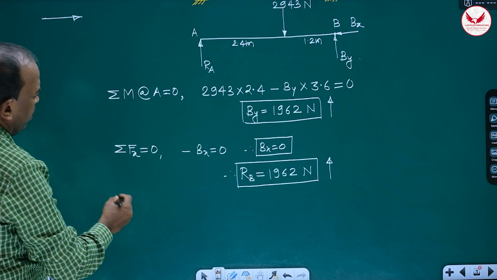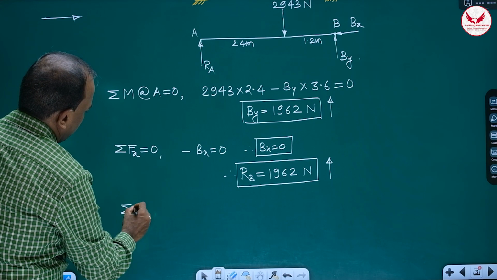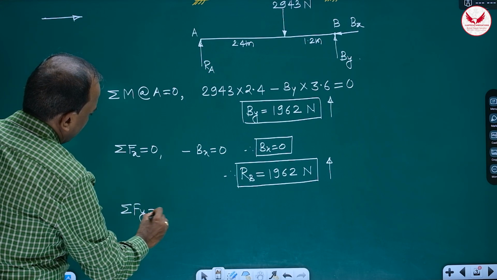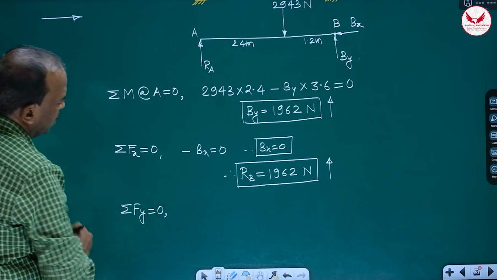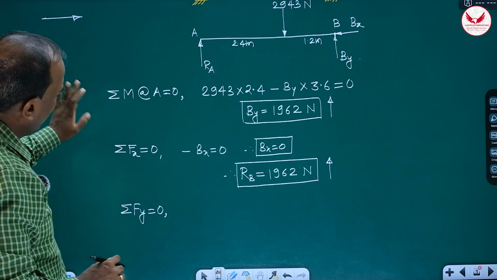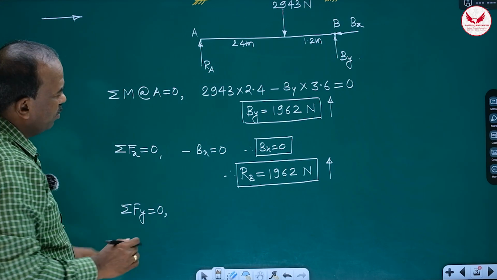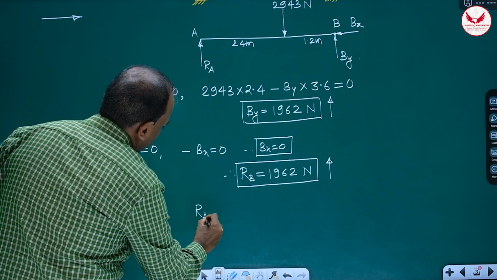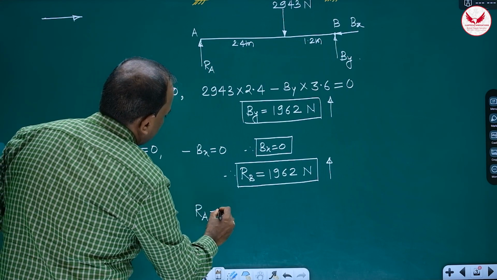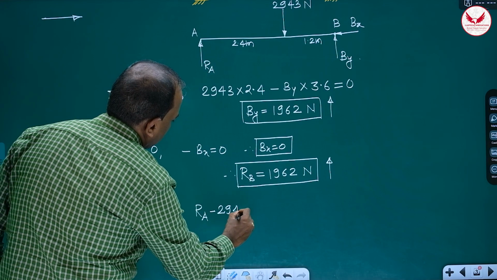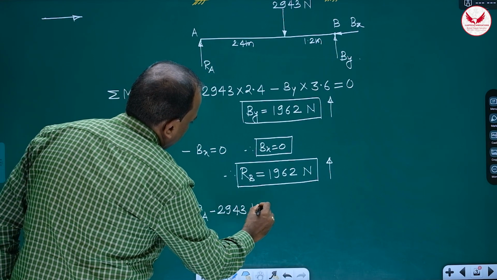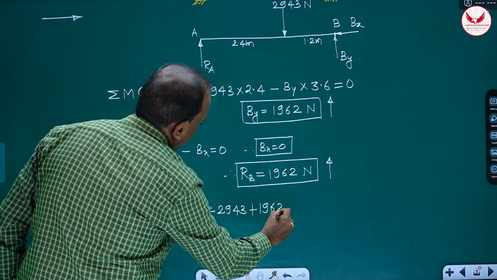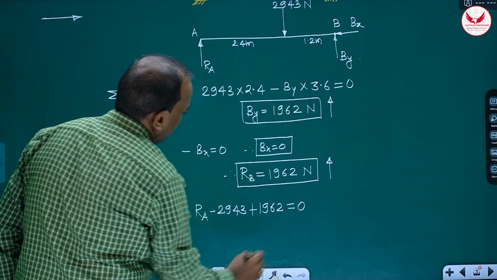And now if we use summation Fy is equal to 0, for all the problems the common procedure is free body diagram, summation M, summation Fx, summation Fy. So Ra minus 2943 plus 1962 is equal to 0.